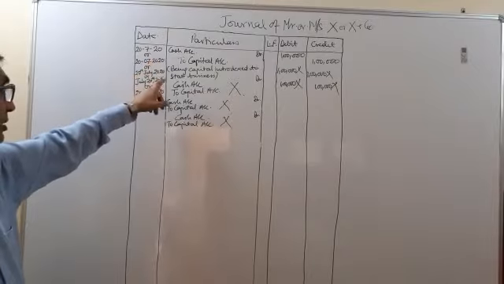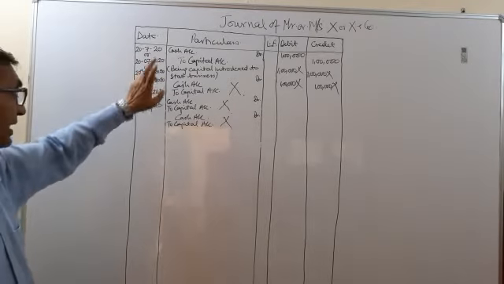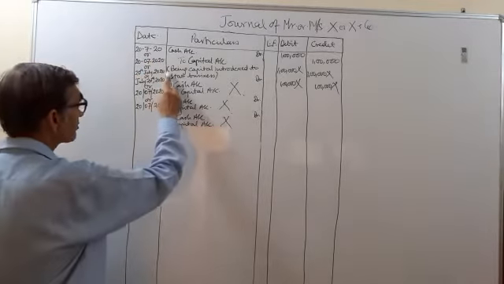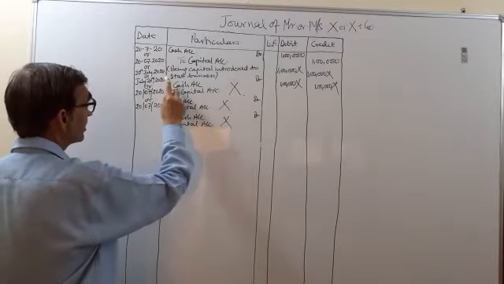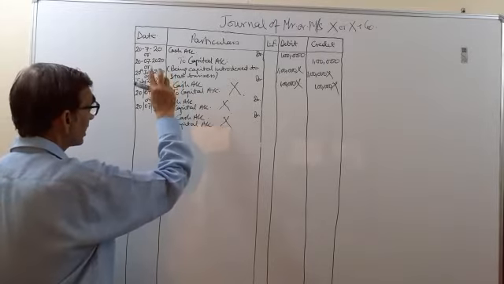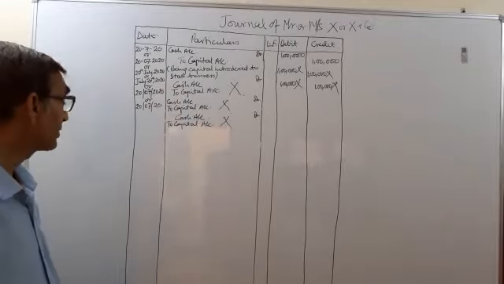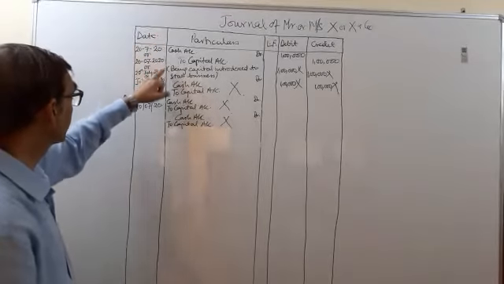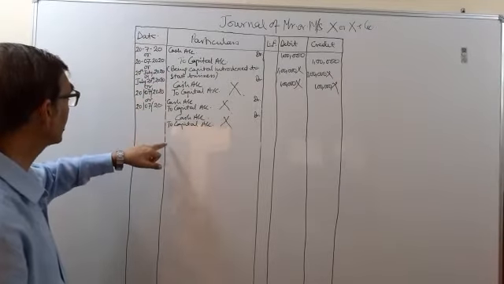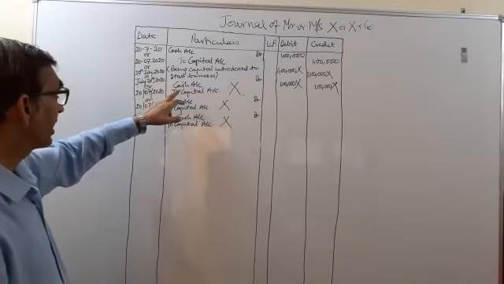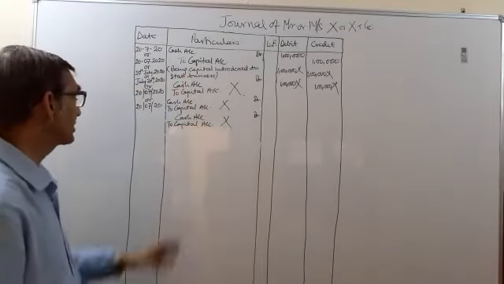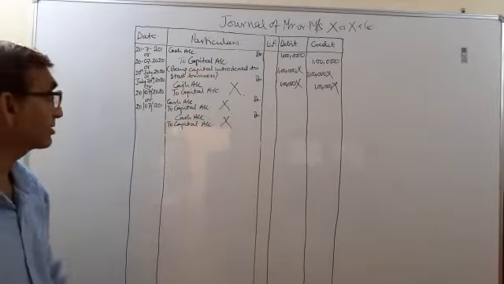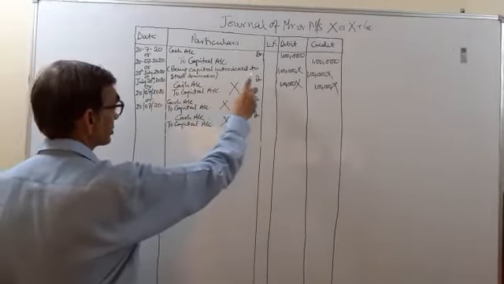The narration will be written in bracket. The beginning bracket should have a minute gap from the beginning line of the particular column, and wherever it ends, there you will close the bracket and write the narration.